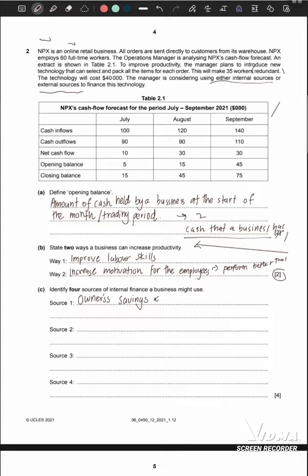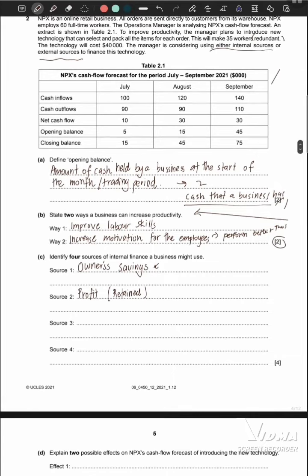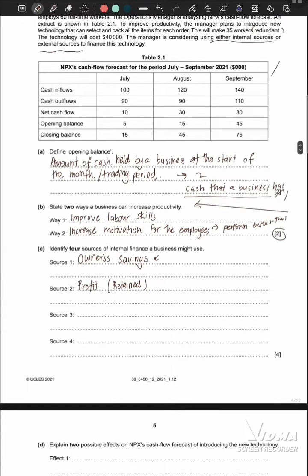We have profit, the business profit, or retained profit. Another source we could say is current assets. For this one, you have to sell them.